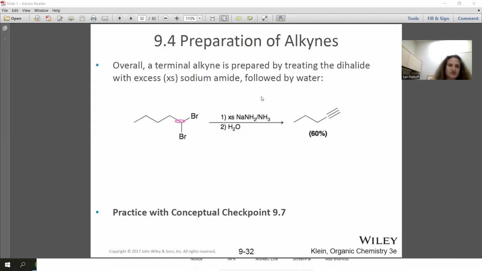So the only alkyne I can form is going to be right here between these two carbons. And it's just an elimination. Instead of just being a single elimination, it's a double elimination.